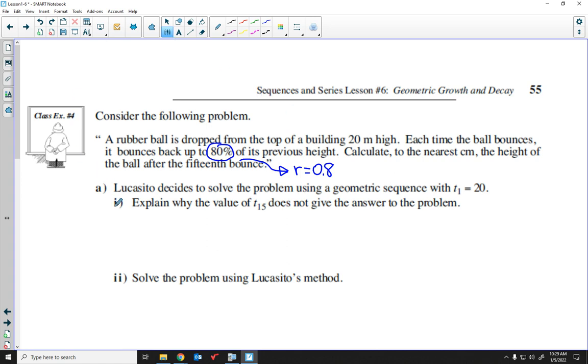Well, here's the thing. T1 is equal to 20 meters. That would be the height of the ball before it even bounces.